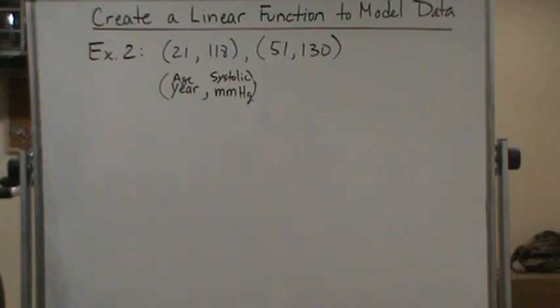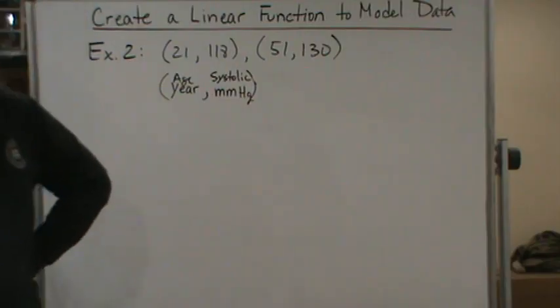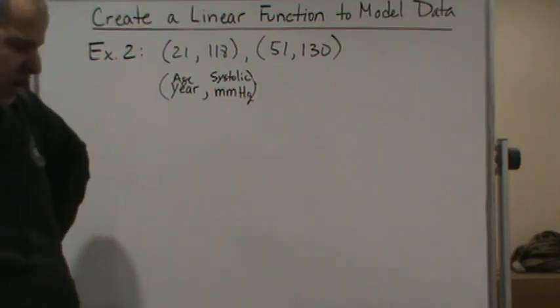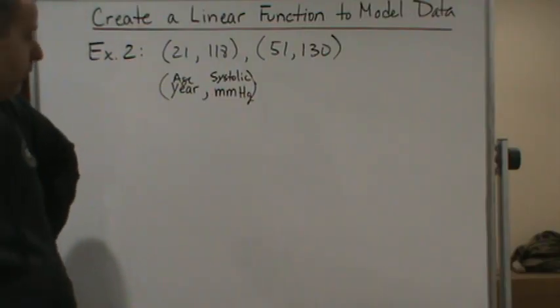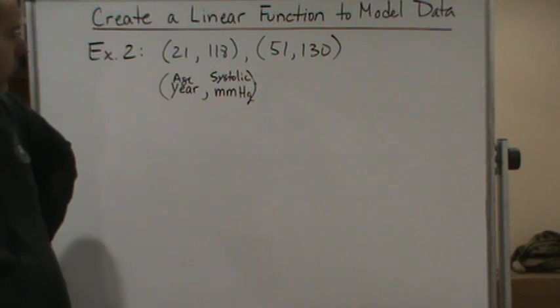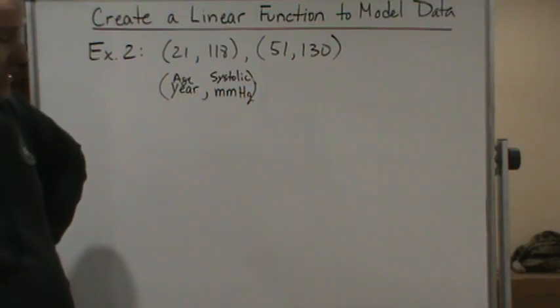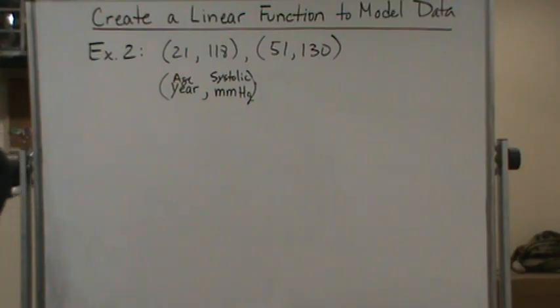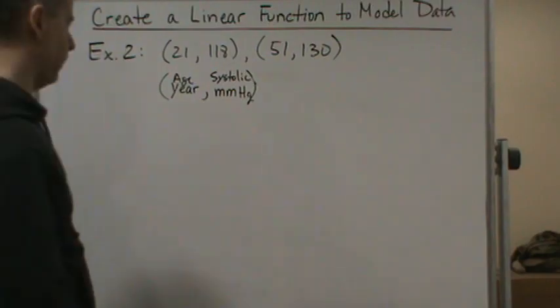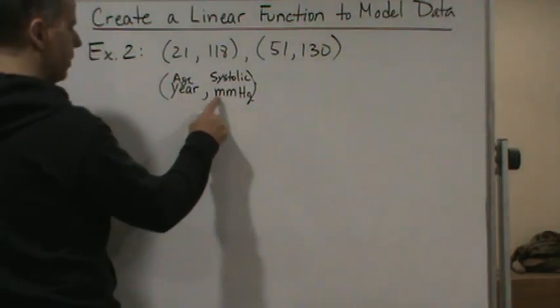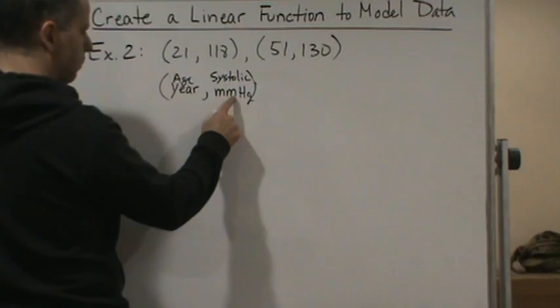The data we're given is based on a randomly selected 8 adults of different ages, and we want to create a linear model for the data. We just want something that relates age and systolic blood pressure, measured in milligrams of mercury. So that's what I have here: age and systolic blood pressure.